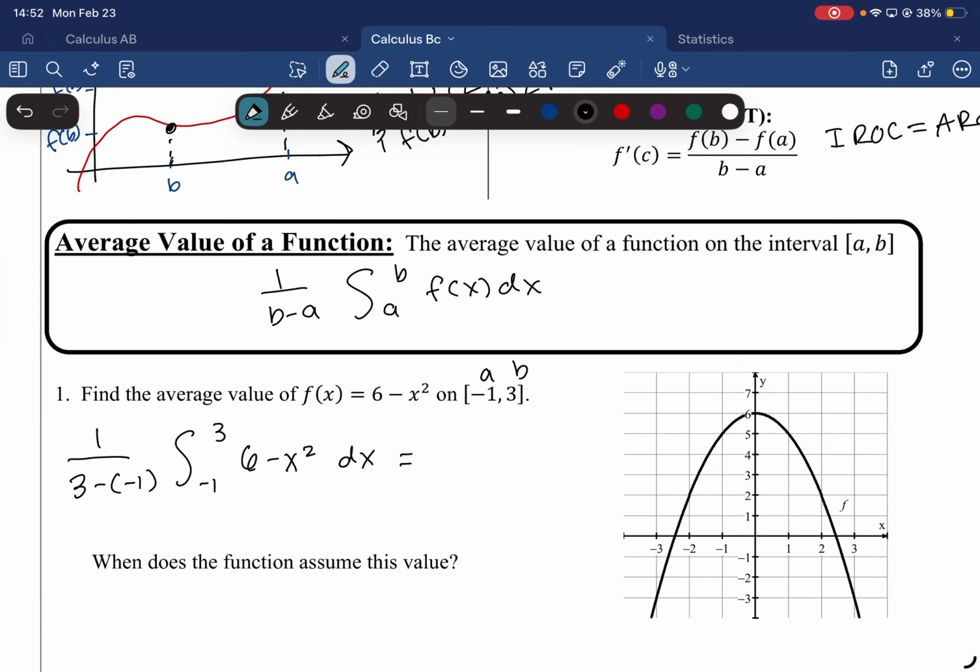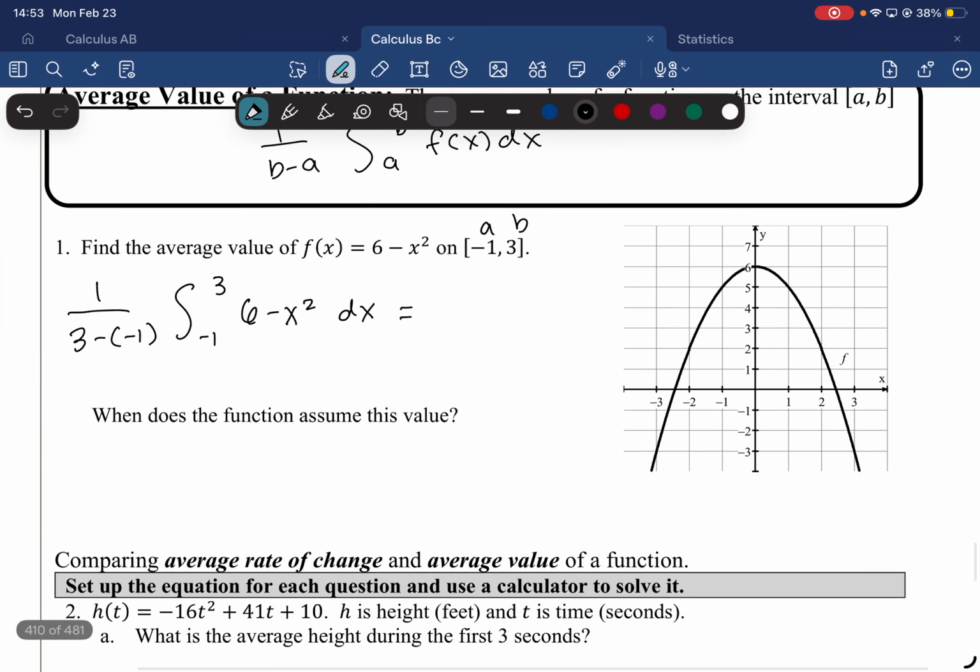So simplifying that fraction right before, we have 1 over 3 minus -1. So that's 1/4. Okay, and then we just said this is 6x minus 1/3 x cubed. And we're going to evaluate this from -1 to 3. Okay, so first I'm going to plug in 3.